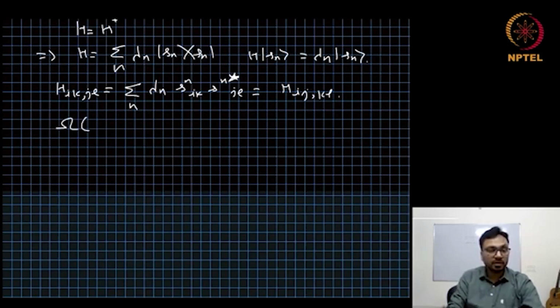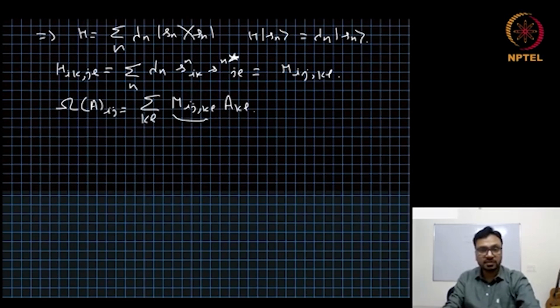So a map omega acting on A, the ij element, is sum over kl of M ijkl A kl. Now we can substitute this expression for the element M ijkl.